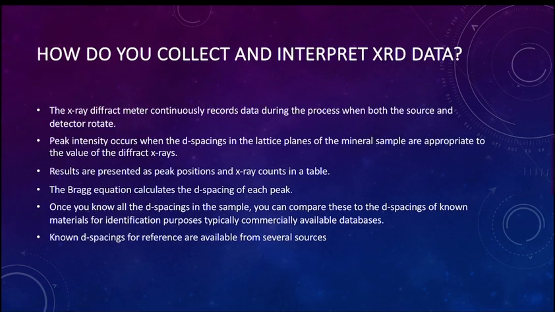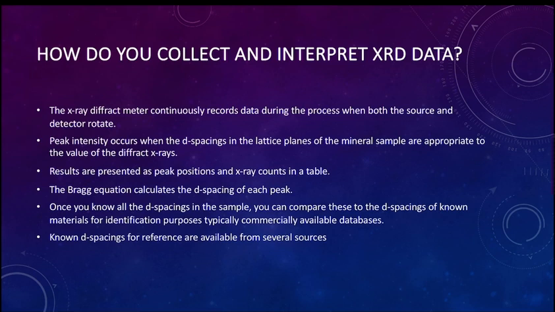How do you collect and interpret XRD data? The X-ray diffractometer continuously records data during the process while both the source and the detector rotate. Peak intensity occurs when the d-spacings in the lattice planes of the mineral sample are appropriate to the wavelength of the diffracted X-rays.